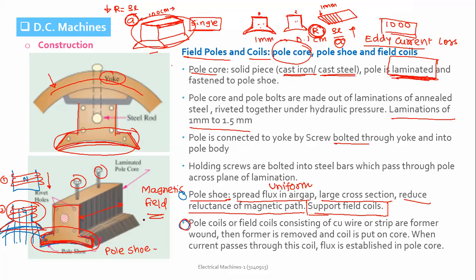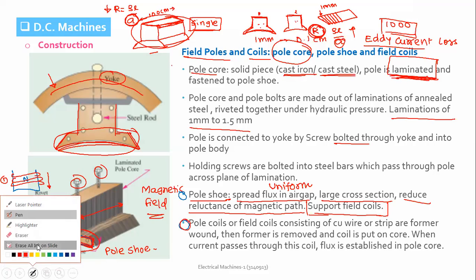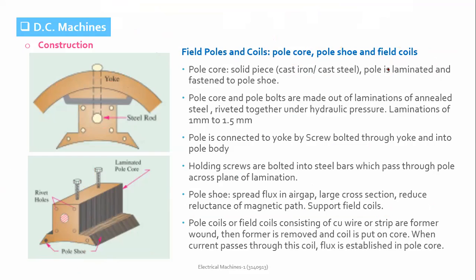Field coils, the third one. So let me clear everything. Field coils or pole coils, if we say, now these are electromagnets made up of cast steel or cast iron with thin laminations that are stamped together, insulated from each other.